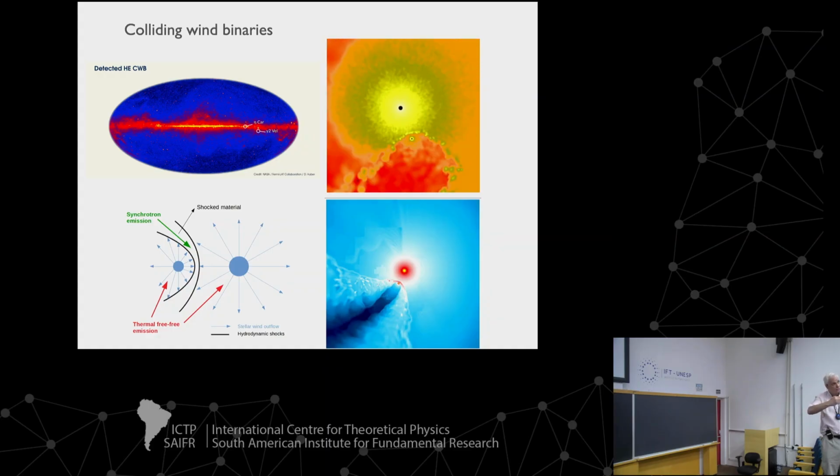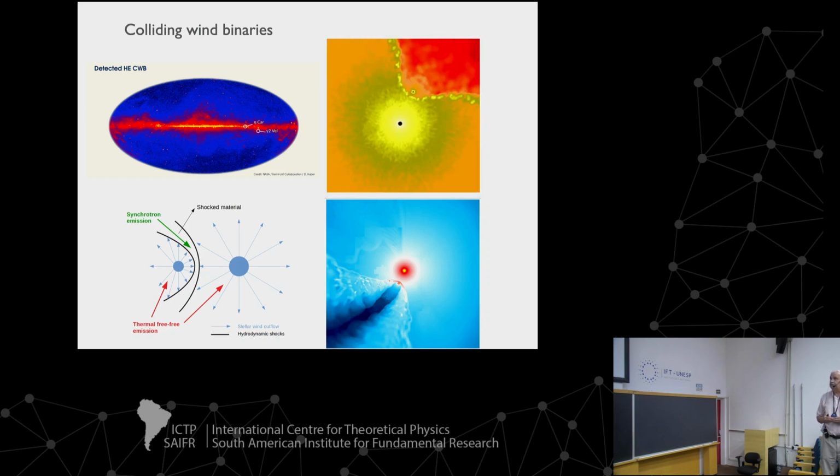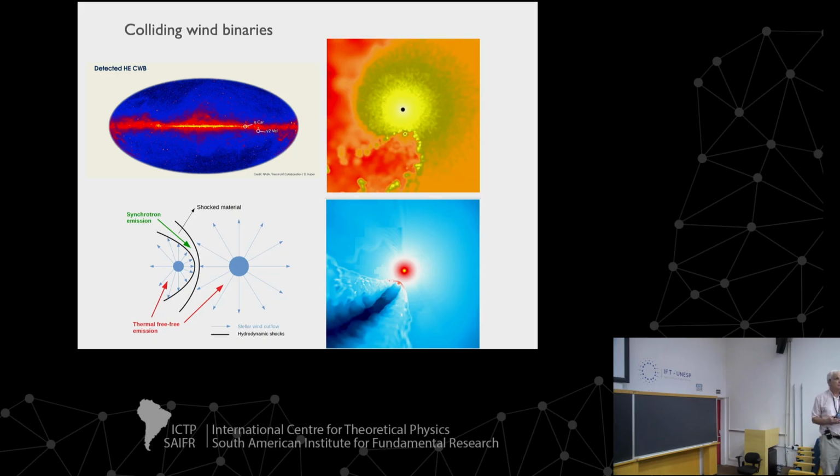If these shocks are adiabatic, they can accelerate particles by the Fermi first-order mechanism, and then these things will be bright in synchrotron radiation, also perhaps in gamma rays.